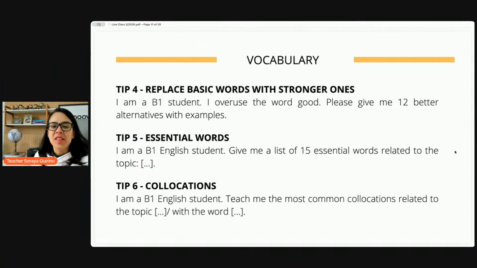And collocations. Guys, if you don't know what collocations are, they are basically two or three words that are naturally used together. So, for example, to gain knowledge. To gain knowledge is an academic, advanced collocation. We don't say to raise knowledge.